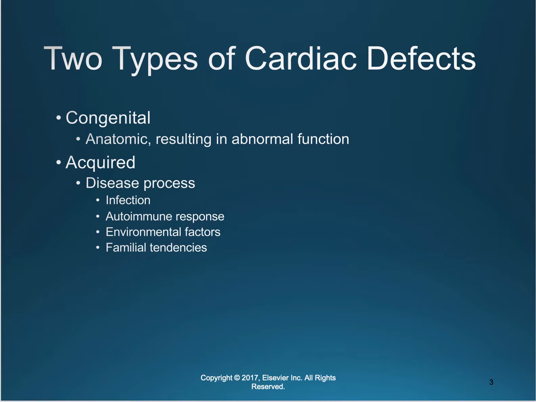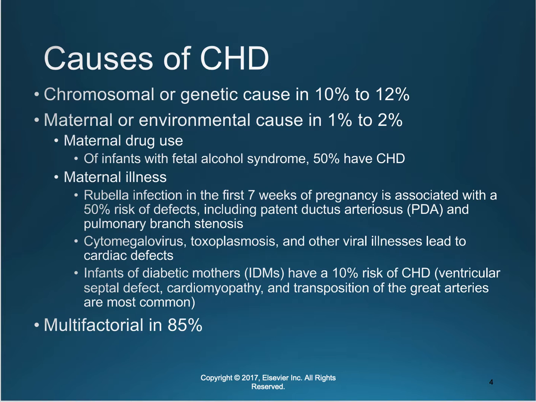For example, an infection where you end up getting a structural defect, like rheumatic fever that leads to heart valve regurgitation, or an infection leading to inflammatory structural disorders, autoimmune response, environmental factors, or familial tendencies. So the causes are chromosomal or genetic, maternal or environmental, and 1% to 2%.